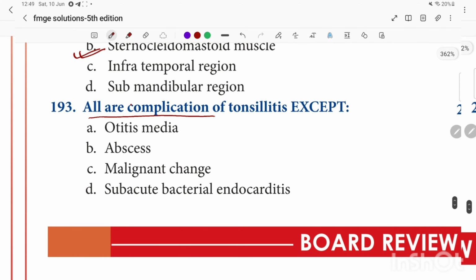All of the following are complications of tonsillitis except: otitis media is a complication, abscess is a complication, malignant change is not a complication. Subacute bacterial endocarditis is also a complication. So the answer is malignant change.